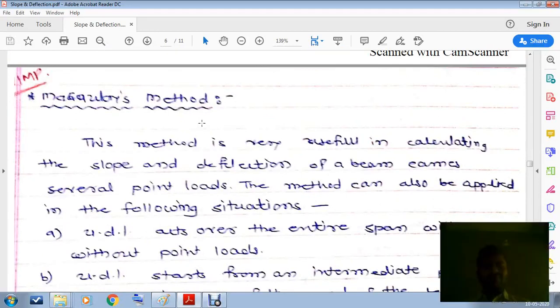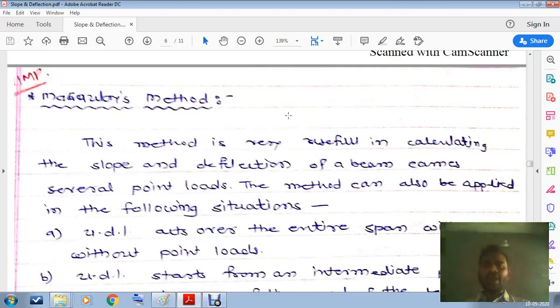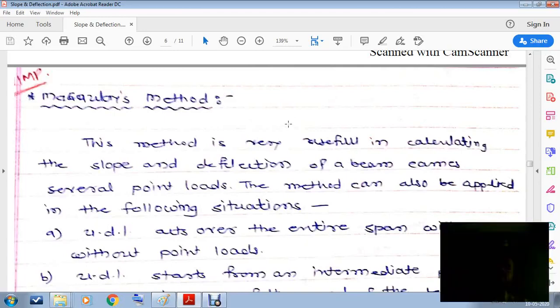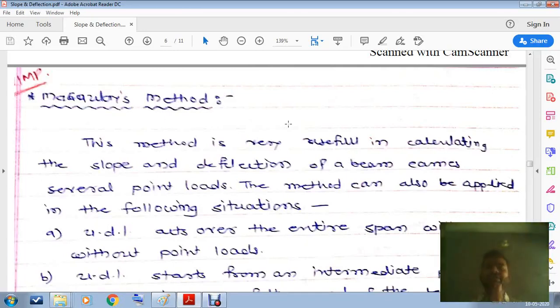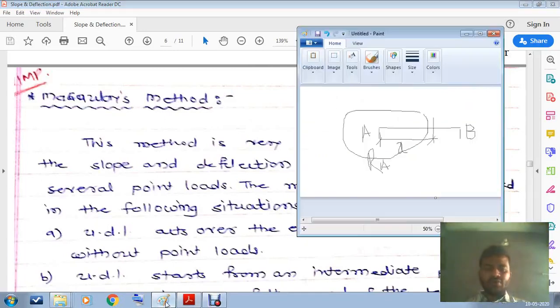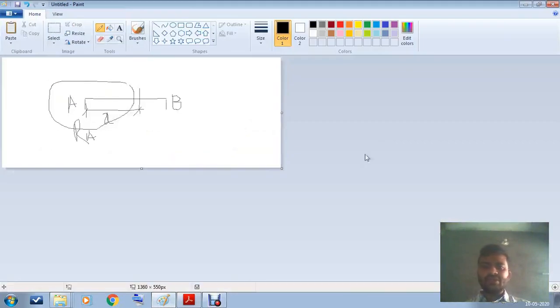This method is very useful to calculate the slope and deflection of a beam carrying any type of load. Let us consider this as a beam.